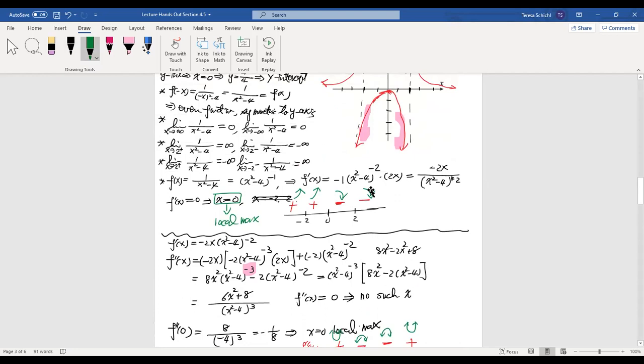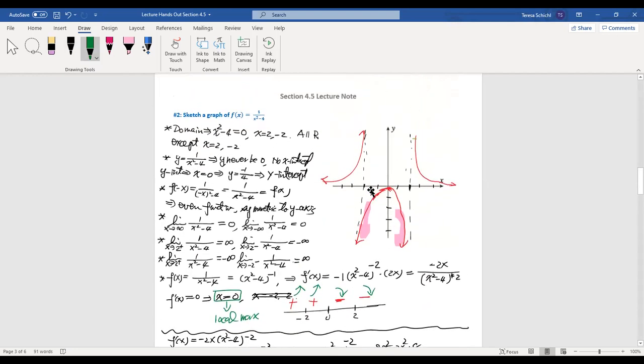Let's see if our graph matches that. Yes, from -2 to 2, I'm concave down. From 2 to infinity, I'm concave up. So I don't need to modify my curves here.